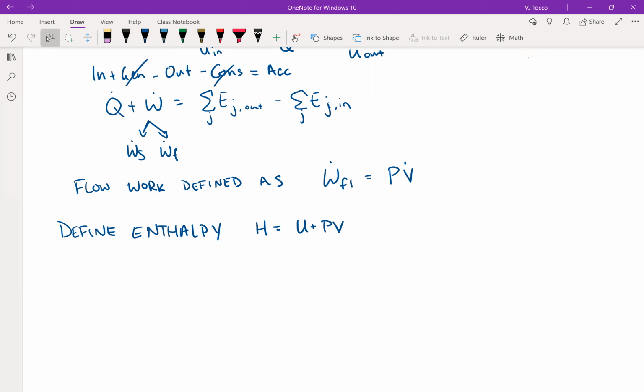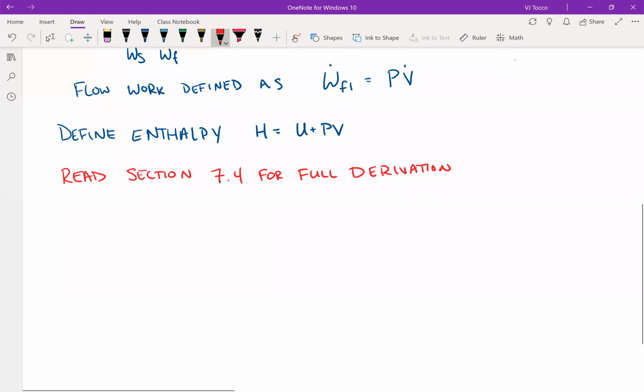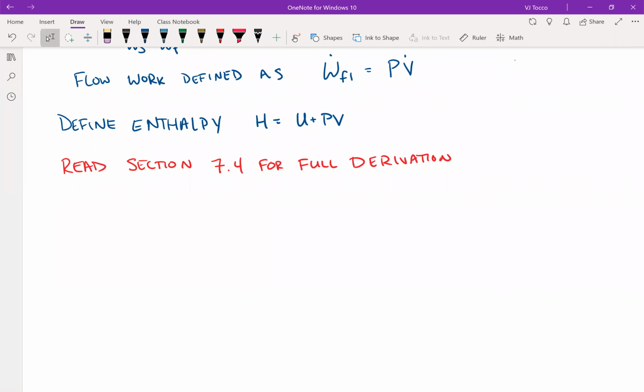And in section 7.4 of your textbook, there's a long derivation here, and I'm not going to show the entire derivation, but I'm going to recommend that you read this book and read this derivation. But after you mathematically manipulate this equation up here, you can derive the open system energy balance, which looks very similar to the closed system energy balance.